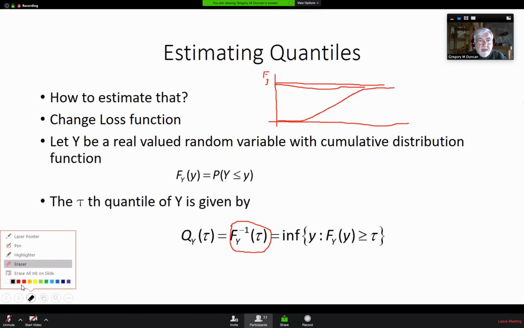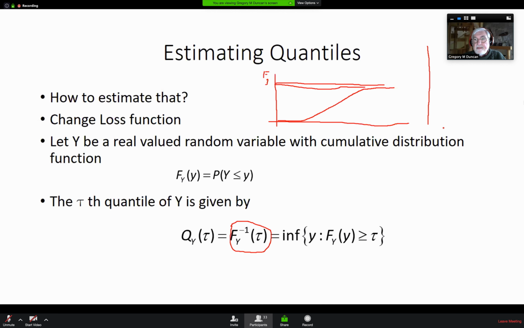Now I'm going to put tau down here, and I'm going to put q up here, and I have 1 here.